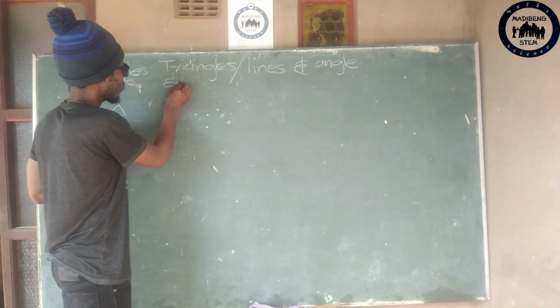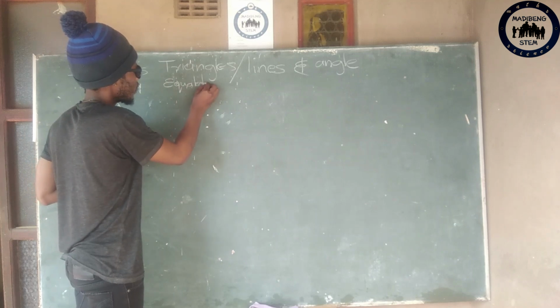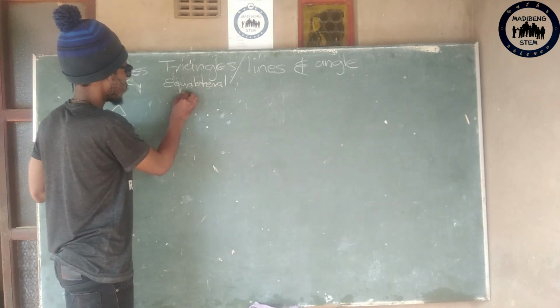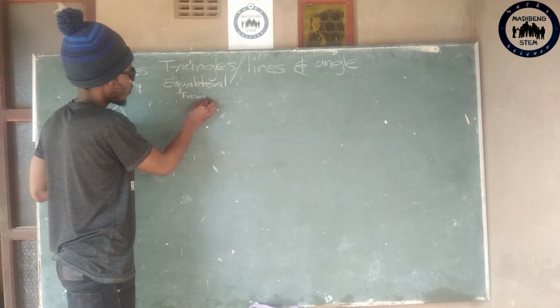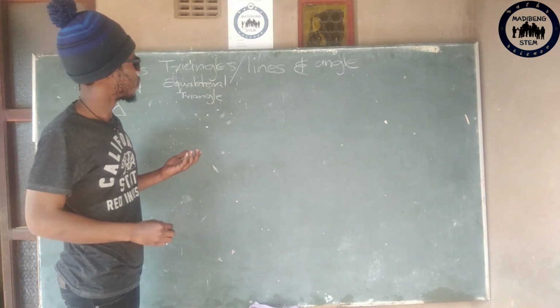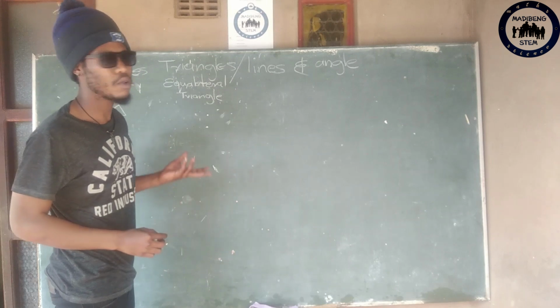The second one we have is the equilateral triangle. It has three sides that are equal and also three angles that are equal.